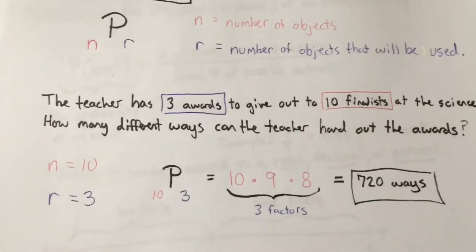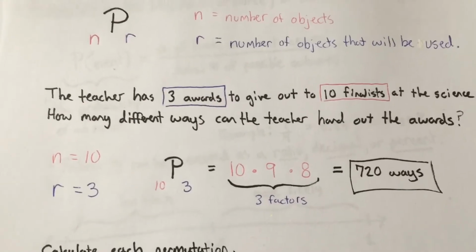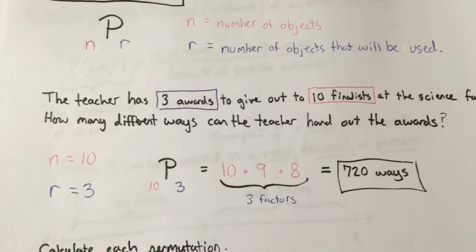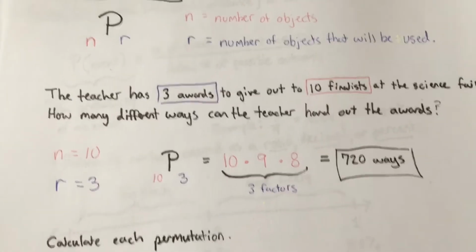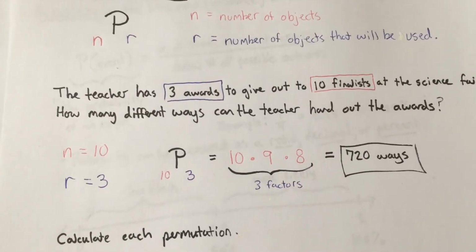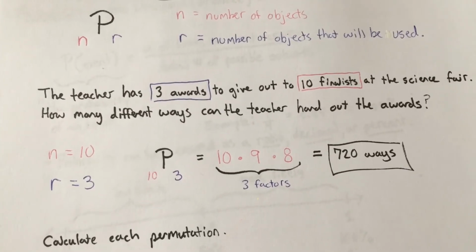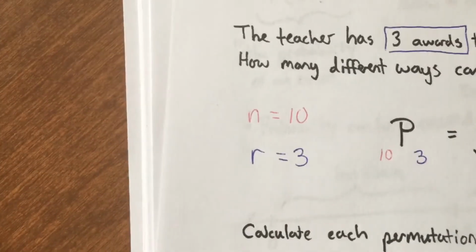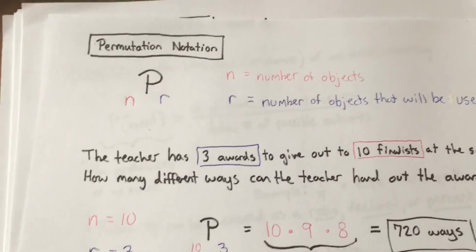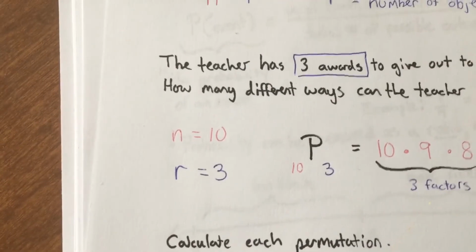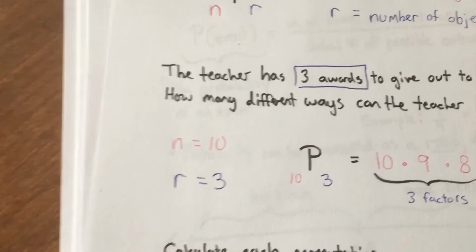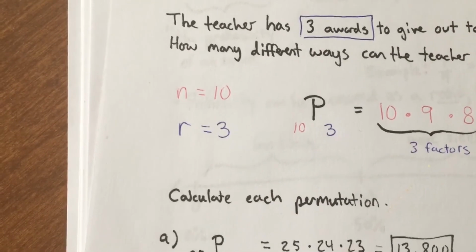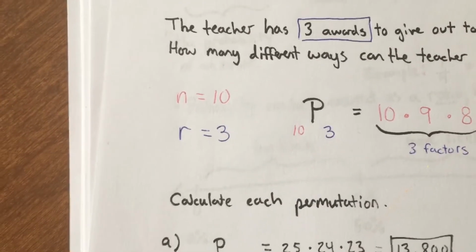This example down below deals with a teacher giving out 3 awards to 10 finalists at a science fair, and we're trying to figure out how many different ways the teacher can hand out the awards. Here's the math on how you go about calculating a permutation. We've got 10 finalists, 3 awards. So my n value is 10, that's my total number of people. My r value is the number of awards I'm handing out.